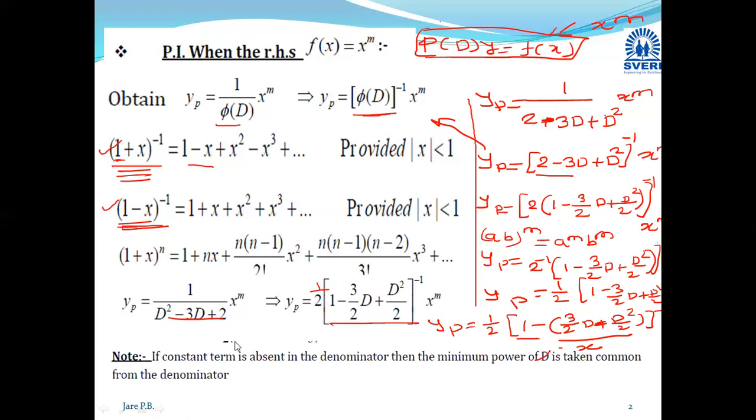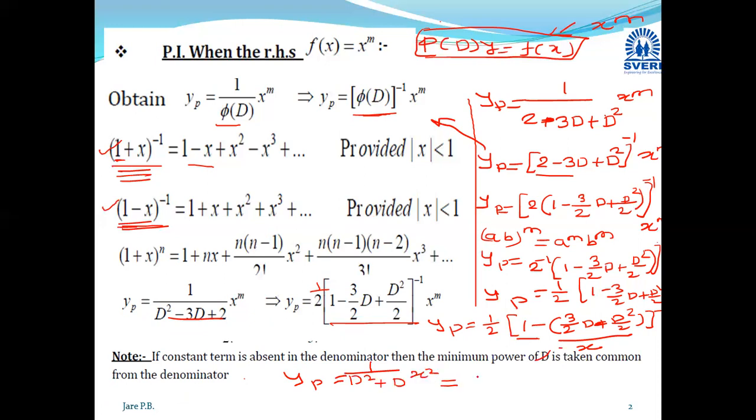Now one more note, a very important note: if the constant term is absent in the denominator, then the minimum power of D is taken common from the denominator. So what is the rule? Suppose yp is equal to 1 upon D square plus D, and here we take x square.